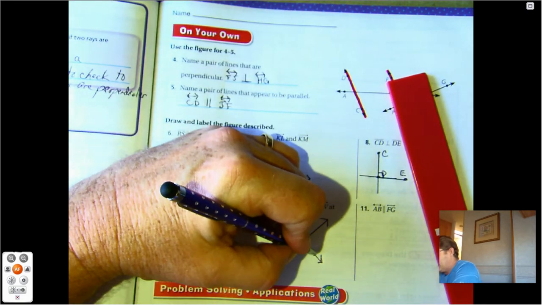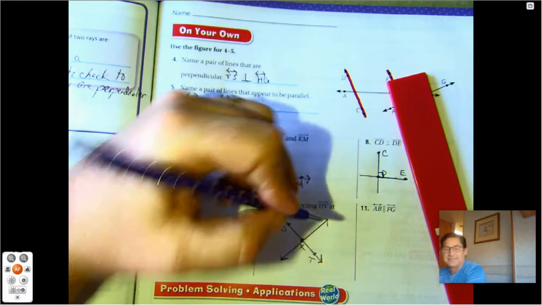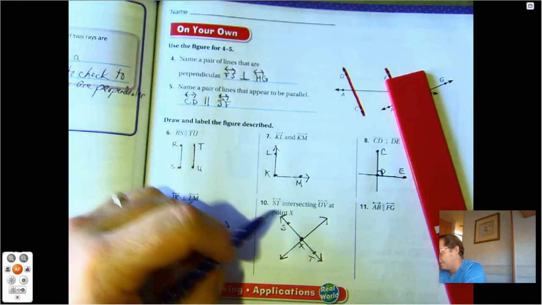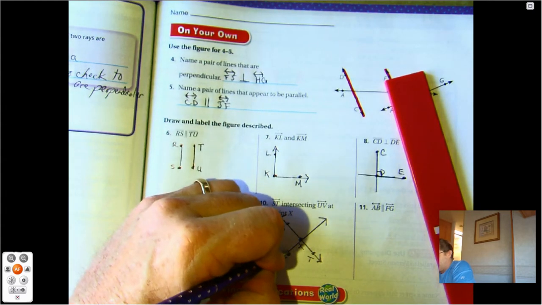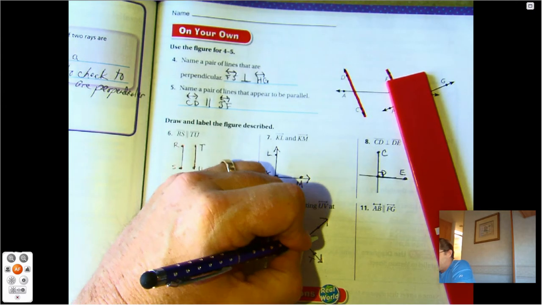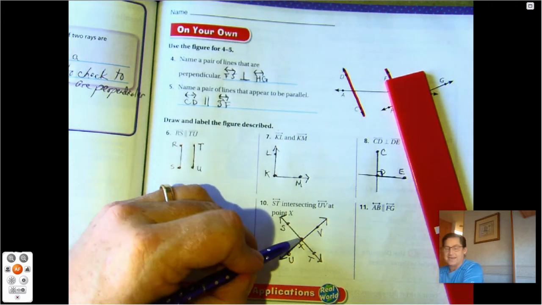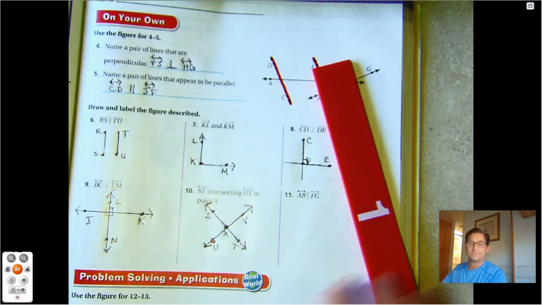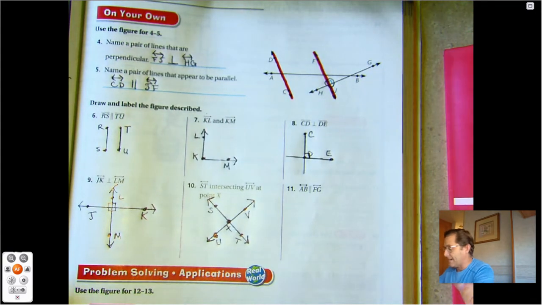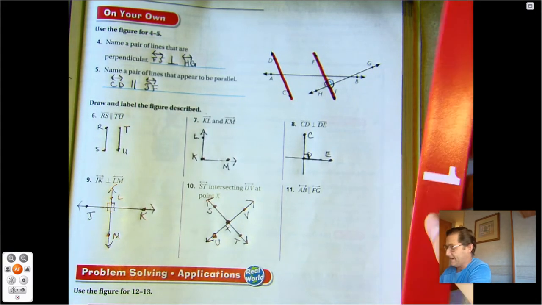S, T. Okay, so this is line ST. We'll call this line UV, and they intersect at point X. Number 11. Line AB is parallel to line FG.